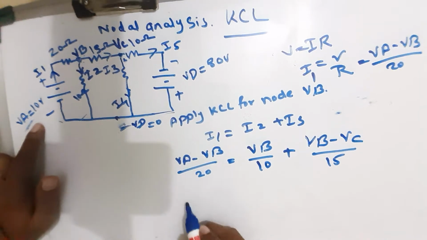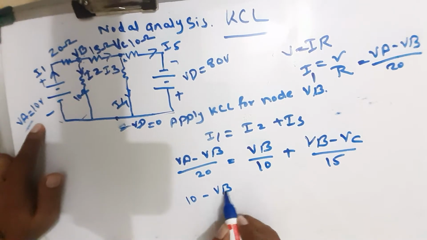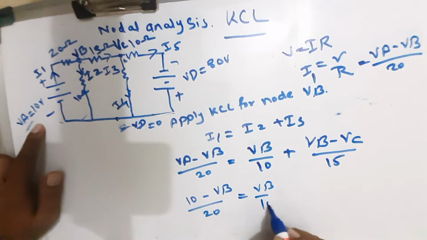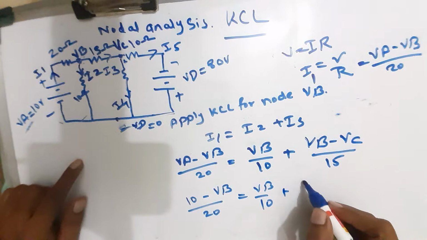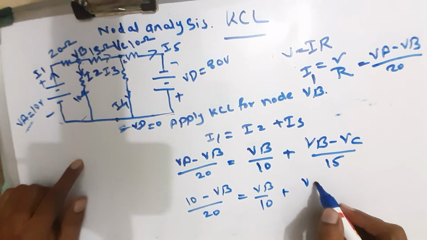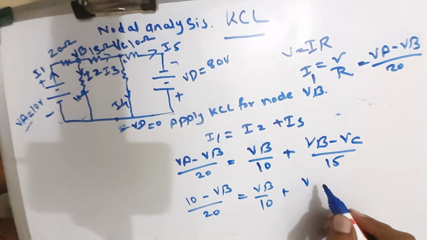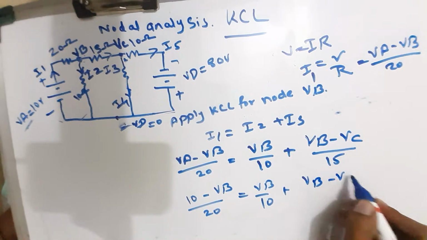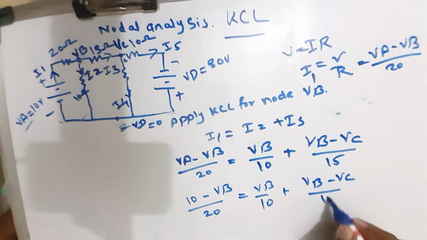VA is 10, so 10 minus VB divided by 20 equals VB by 10 plus VB minus VC divided by 15.